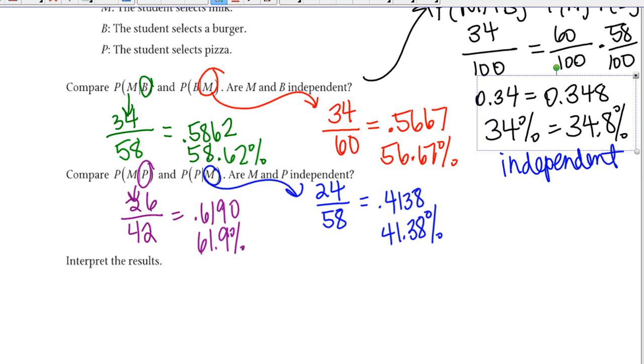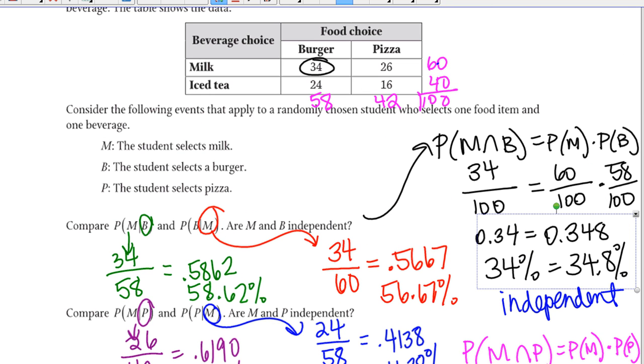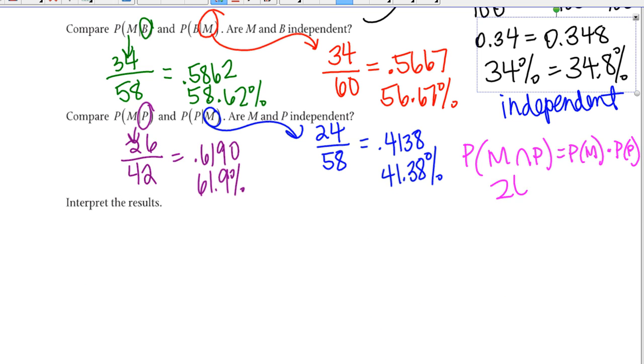So, to check for their independence, we have the probability of milk and pizza is the probability of milk times the probability of pizza. So, milk and pizza is 26 out of 100. The probability of milk is 60 out of 100. And the probability of pizza is 42 out of 100.